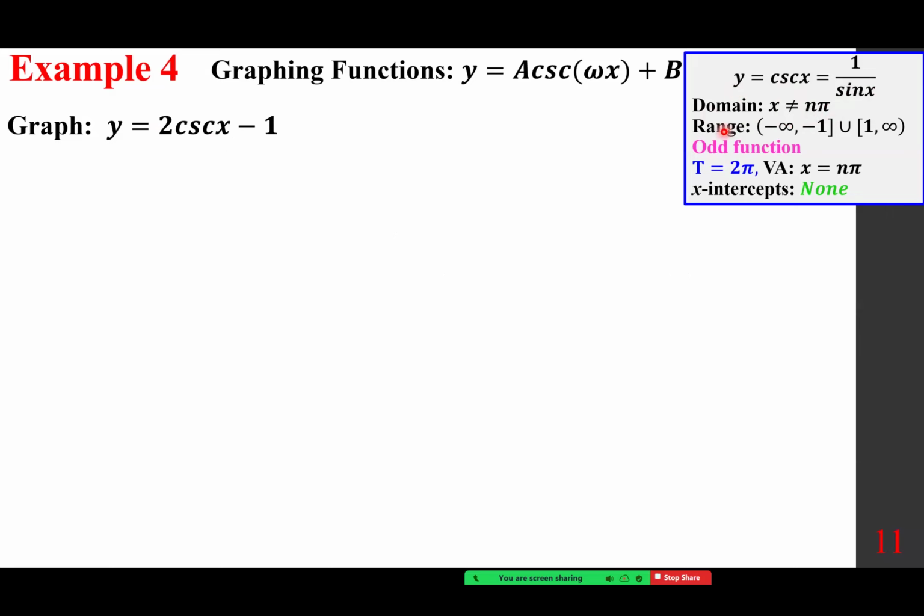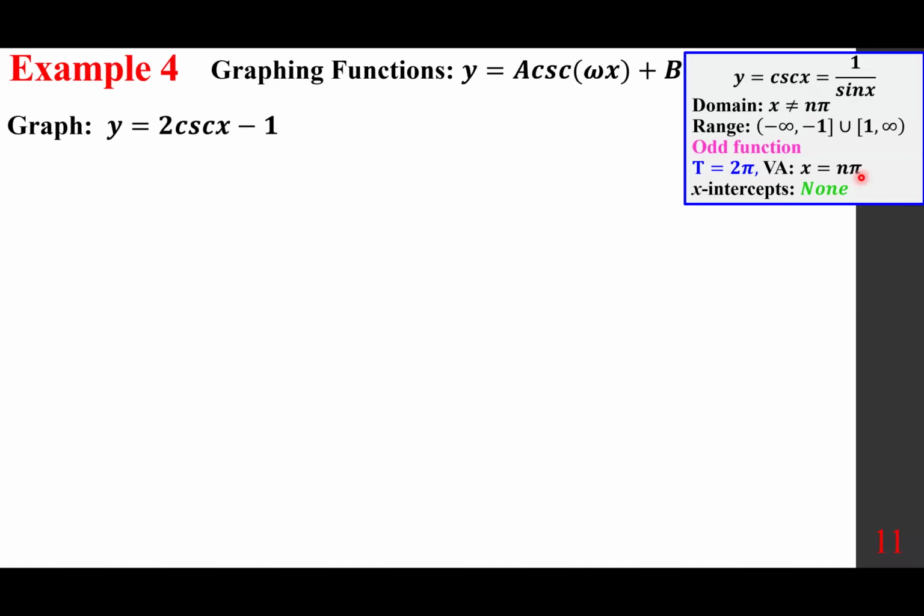Domain, x can't be n pi. Range is all real numbers except between -1 and 1. We say minus infinity to -1, union 1 to infinity. The endpoints 1 and -1 are included. It's an odd function. T is 2 pi, VA is x equals n pi. There is no x-intercept. So actually, secant and cosecant, none of them have x-intercepts.